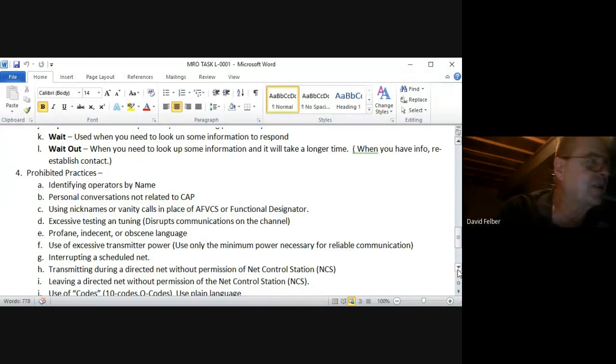It just gets to be a habit, but our CAP procedures come from ACP 125, and it tries to establish a common procedure among all of the military services. So that's where it comes from.